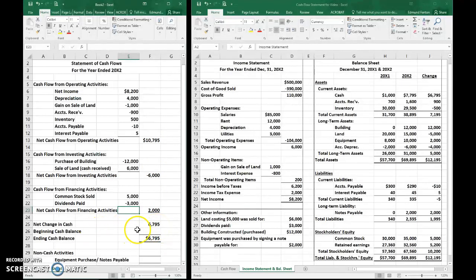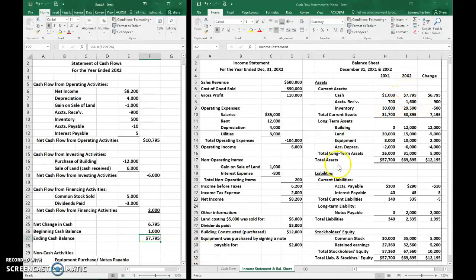What we'll do next then is take our beginning cash balance. So at the end of 20X1, that's the beginning balance of X2. So we pick up the $1,000, add it, and what we have next is the ending cash balance. So this $7,795 must equal the $7,795 we have in the ending balance sheet.